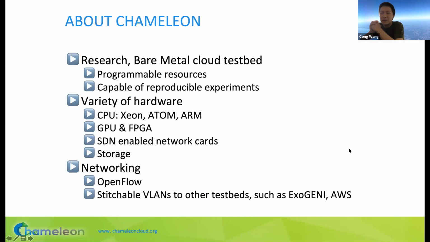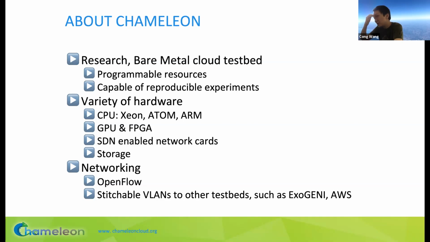So first, let me quickly introduce Chameleon in case anyone knows nothing about this testbed. Chameleon Cloud is a research bare metal cloud testbed. It provides programmable resources for users and is capable of reproducible experiments. This is because all of Chameleon's hardware is versioned and has a unique ID.